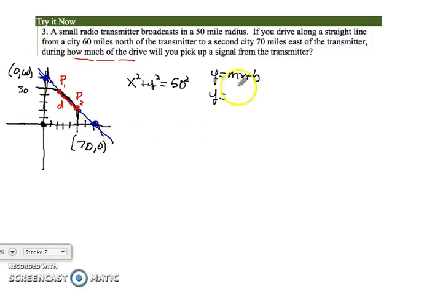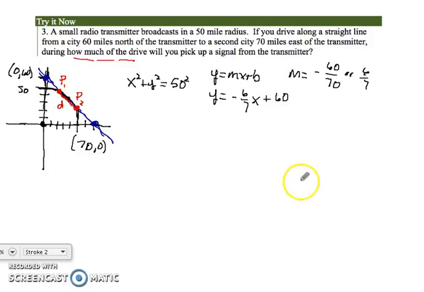So the change of the y, we want to find slope, right? The change of the y is 60, and the change of the x is 70. Of course, it's a negative slant line. So that tells us right here, 6 over 7. So this is negative 6 over 7 x plus b, and the y-intercept there is 60.